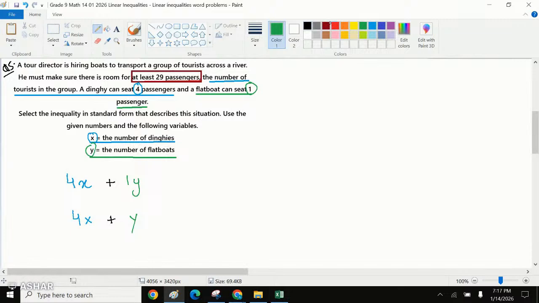That means 29 is possible, right? That means these boats should be able to accommodate 29 or more than 29, right? So this is the inequality that would give us the number of dinghies or flatboats required to accommodate the tour, right?